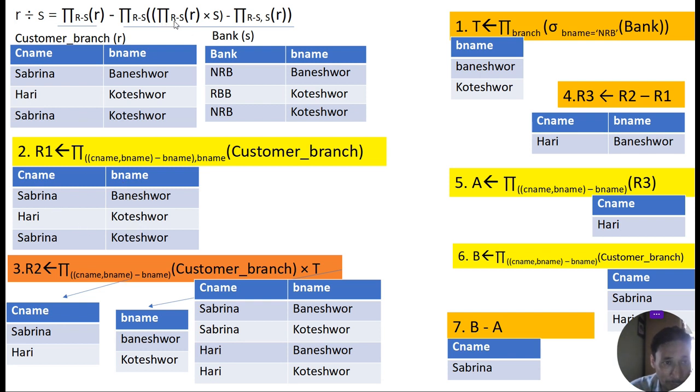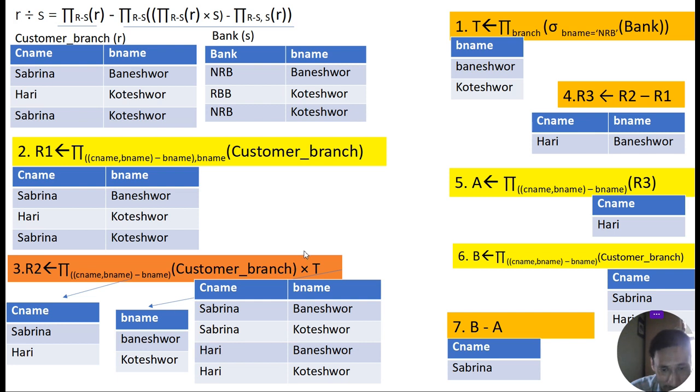Now we have to perform this one, R minus S. We are projecting from R, then we will multiply that by S. Initially we will do this. R is CNAME, BNAME, and S is BNAME only. So from customer branch we will get only CNAME here: Sabrina and Hari.